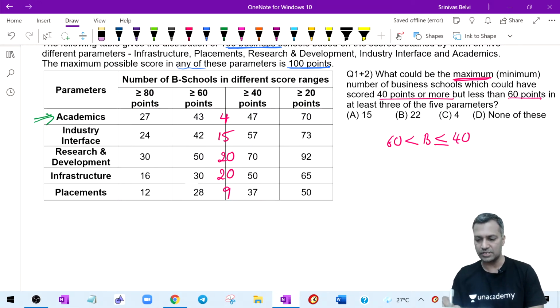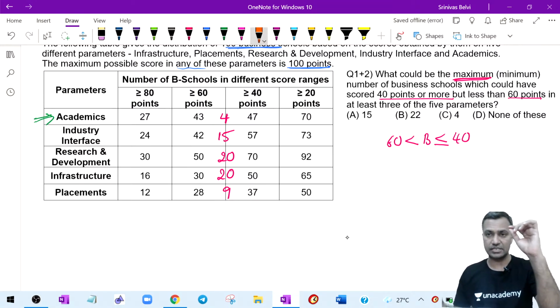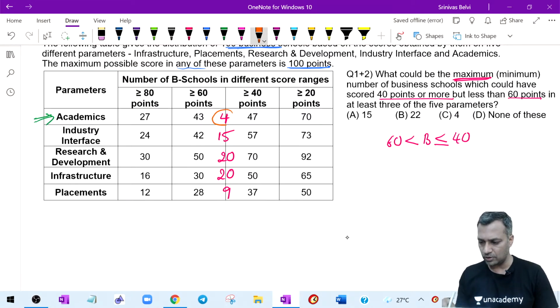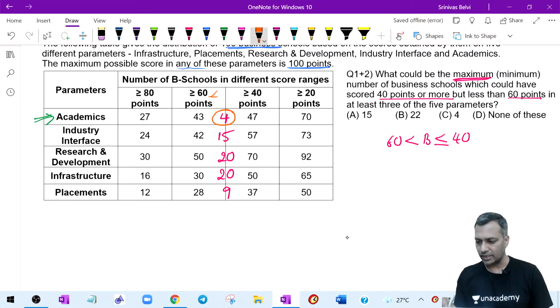Now listen to me, guys. Assume this very clearly. Yesterday we did the token distribution, chocolate distribution, whichever way your faculty members or I taught you. For these 4 B schools which have scored between 40 points and 60 points, I will print 4 coupons on which A is printed.